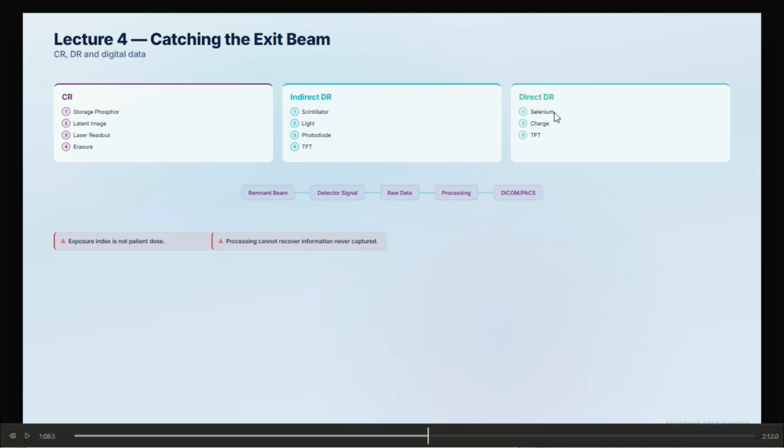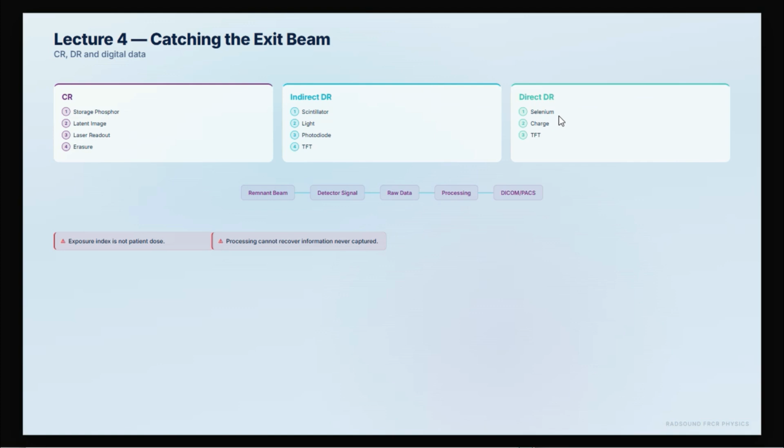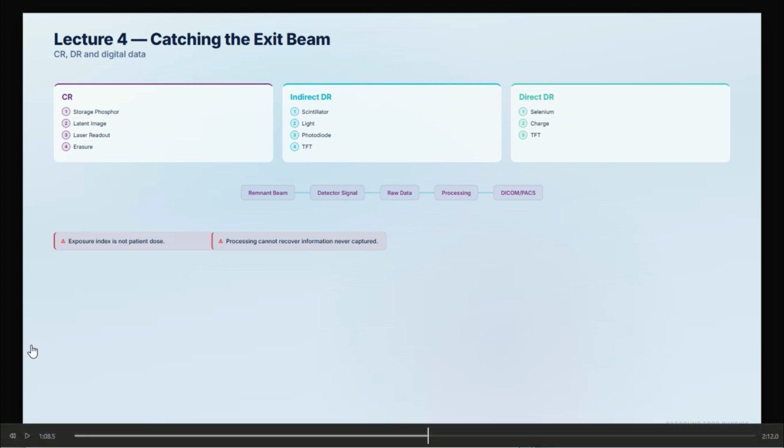Remember, we have amorphous selenium in direct. In the direct, the photoconductor is amorphous selenium, which will convert the remnant X-ray directly into electric charge. Then both of them are attached to the TFT, the conversion and formation of the image, and then the image will be instantly displayed on the monitor.